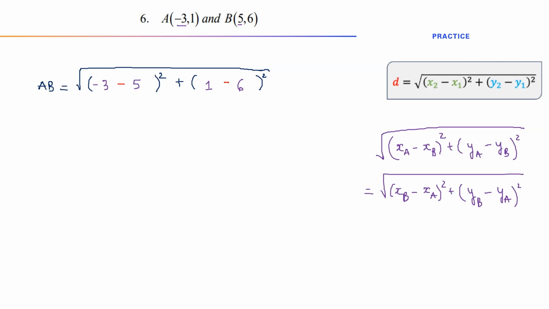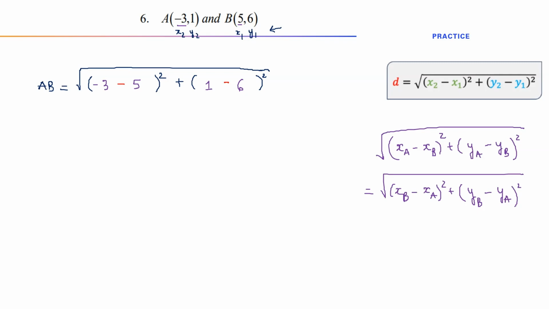Alright, now we can continue calculating. In this case, I take the x of A, subtract the x of B. So if we plug in, this one is x2, this one y2, this one x1, this one is y1. This is just the name you're calling it, so it doesn't matter.